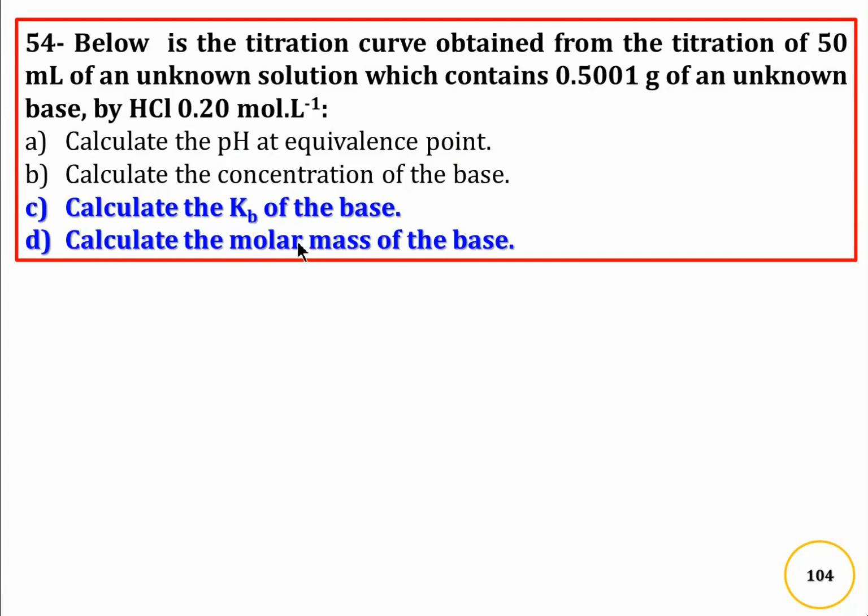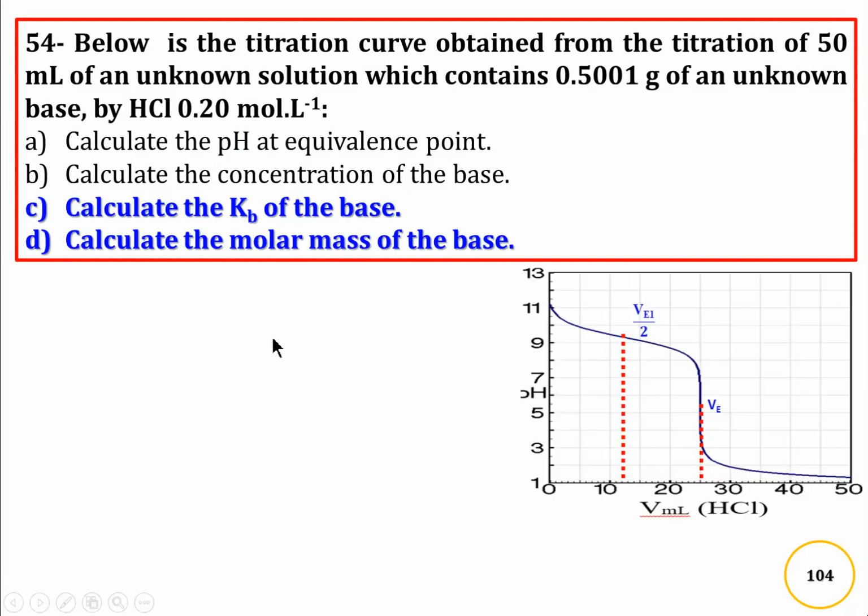Calculate Kb of the couple. We know that Kb and Ka of the couple are related, and at the half equivalence point, the pH is equal to the pKa of the couple.